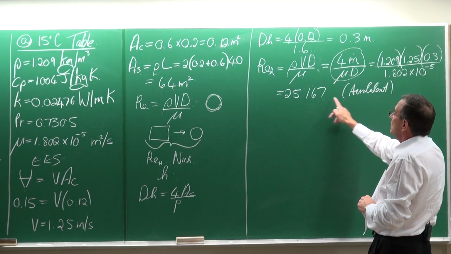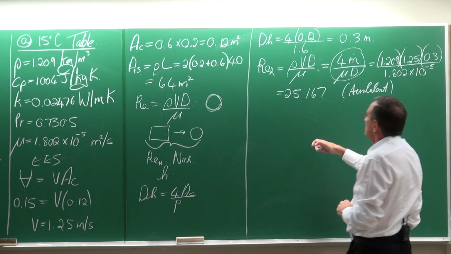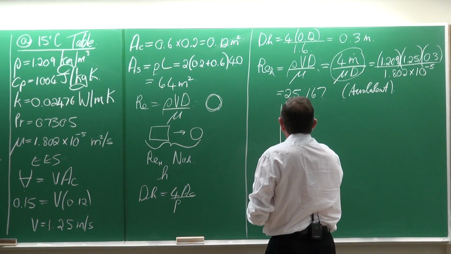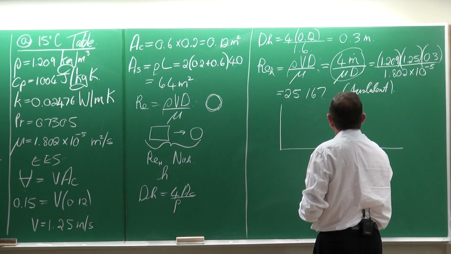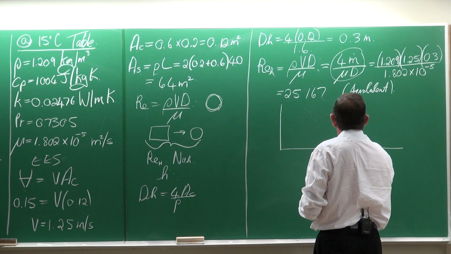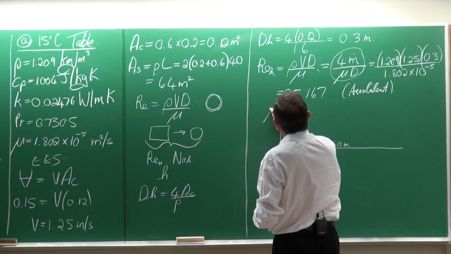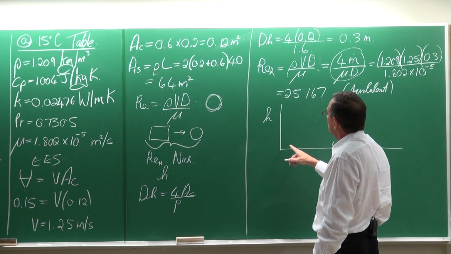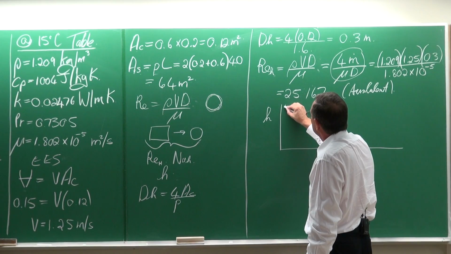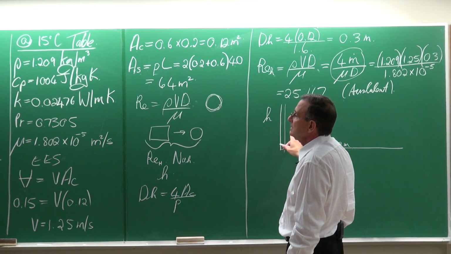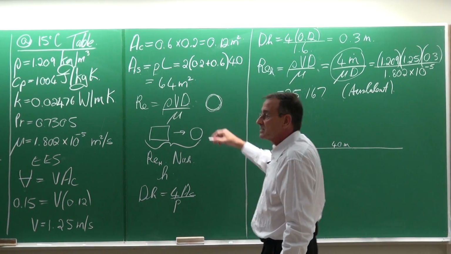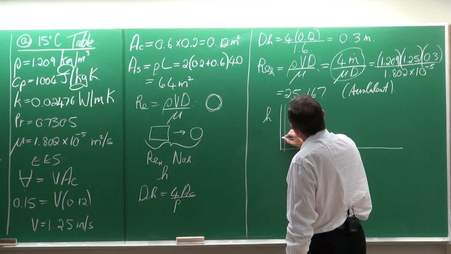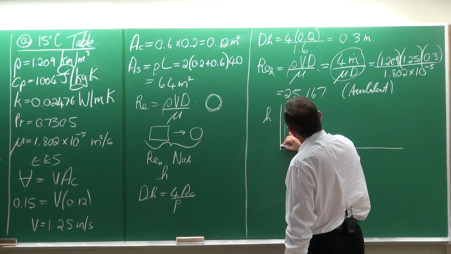What we also know is, because the Reynolds number is so high, and we typically now look at this tube of 40 meters, and we think of the heat transfer coefficient, then the flow would be fully developed within 10 diameters. 10 diameters is about 3 meters.